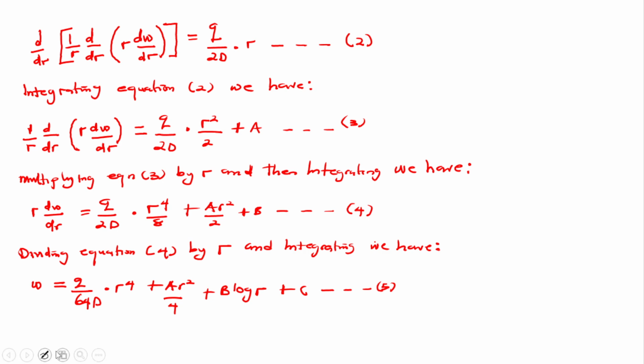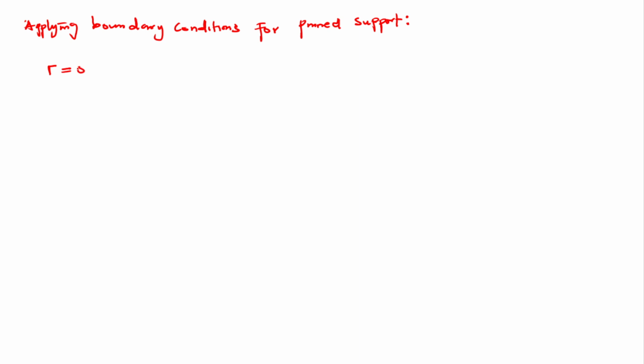So assuming that this is a pinned support, applying boundary conditions for pinned support, we have at the radius equals to 0, dw over dr will be equal to 0.